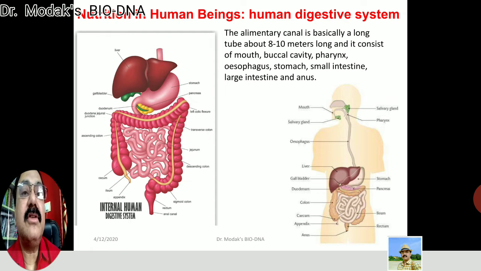Then a greenish structure in between, that is the gallbladder. This diagram reveals the various parts, how they are associated with each other and how they are properly kept in our body, containing these visceral organs.